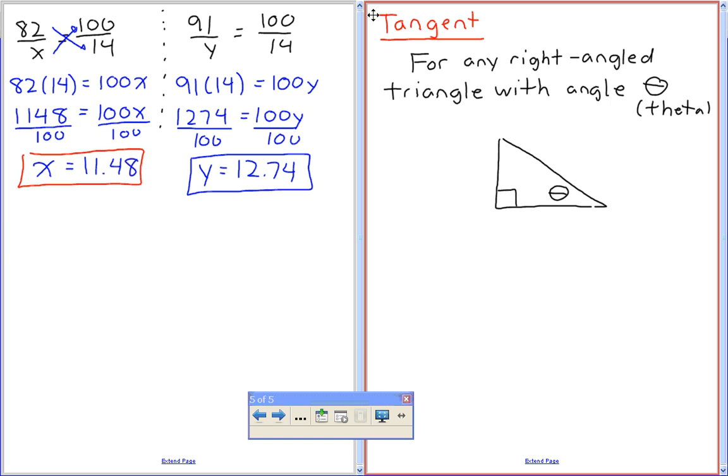The first one is going to be OPP, which is the side opposite to theta. If you take a look, there's your angle theta. Directly across from it is your opposite.